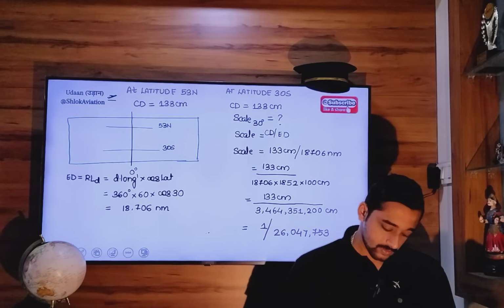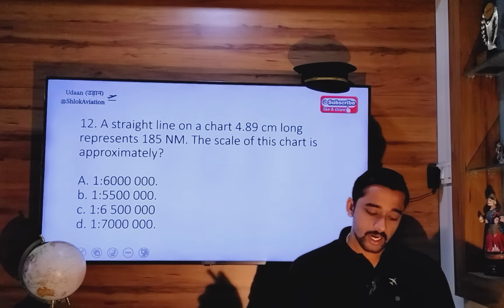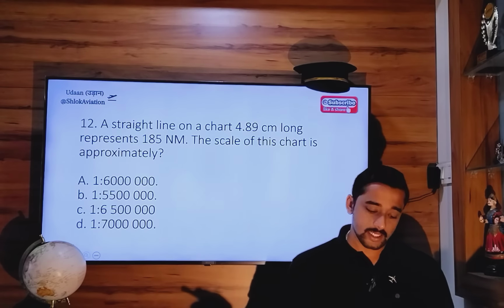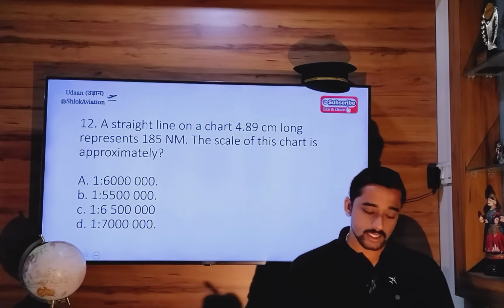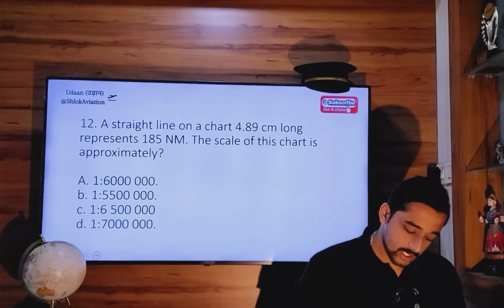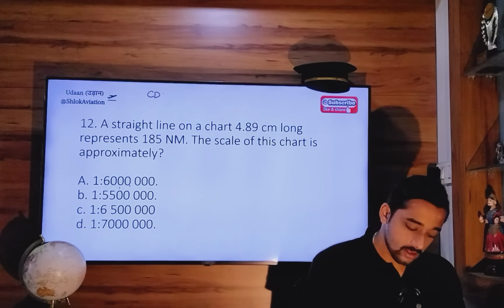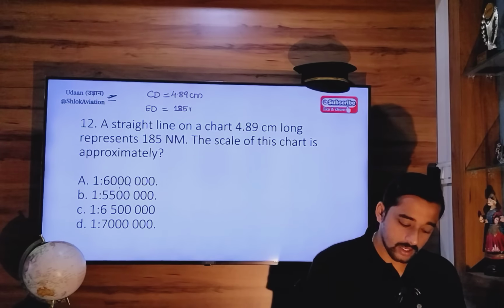Next, a straight line on a chart is 4.89 centimeter long and earth distance is 185. So chart distance is 4.89 centimeter. Earth distance is 185 nautical miles.